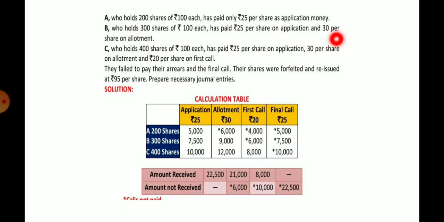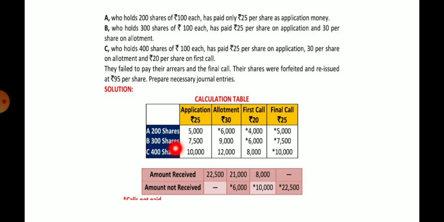On allotment they call 30 per share, so 200 into 30 will be 6,000. And 200 into 20 will be 4,000 and the remaining amount is 5,000. So that is 25. Okay, so he doesn't pay all this amount.